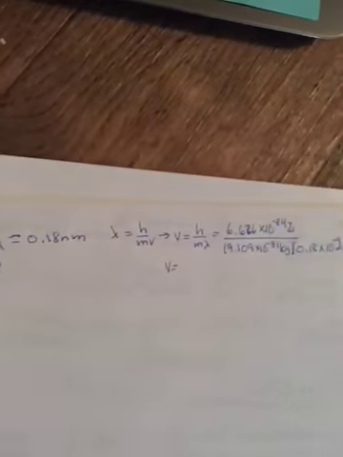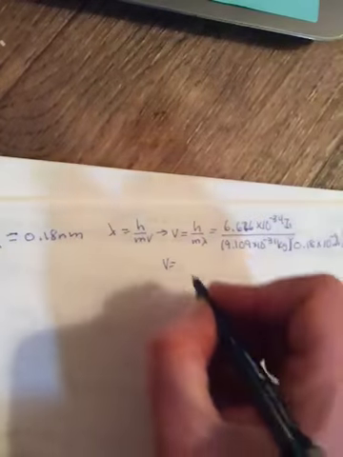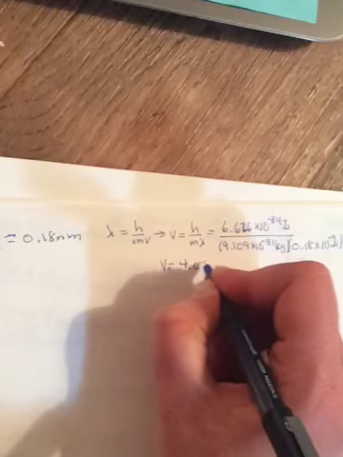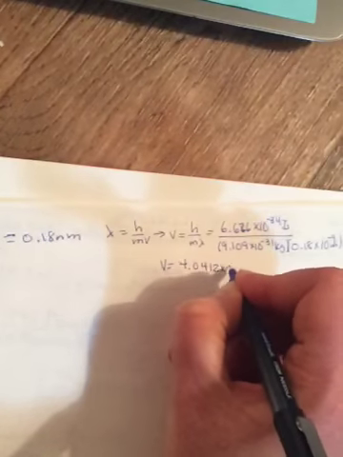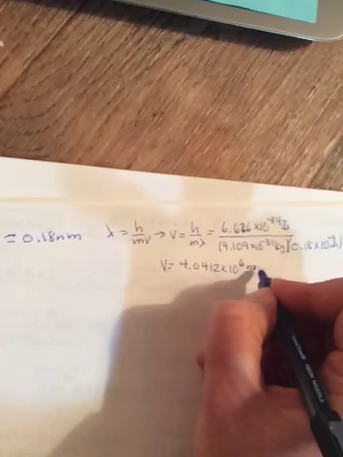And so when you do this, you get a speed of 4.0412 times 10 to the 6th meters per second.